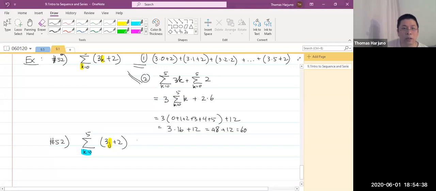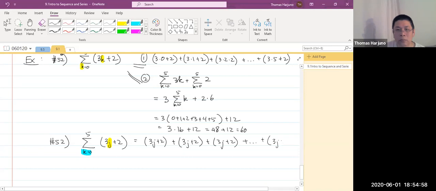If I write it the long way, the 0 term will be 3j plus 2, the first term will be 3j plus 2, the second term will be 3j plus 2, where this is when k equals 0, this is when k equals 1, and k equals 2, all the way to k equals 5.